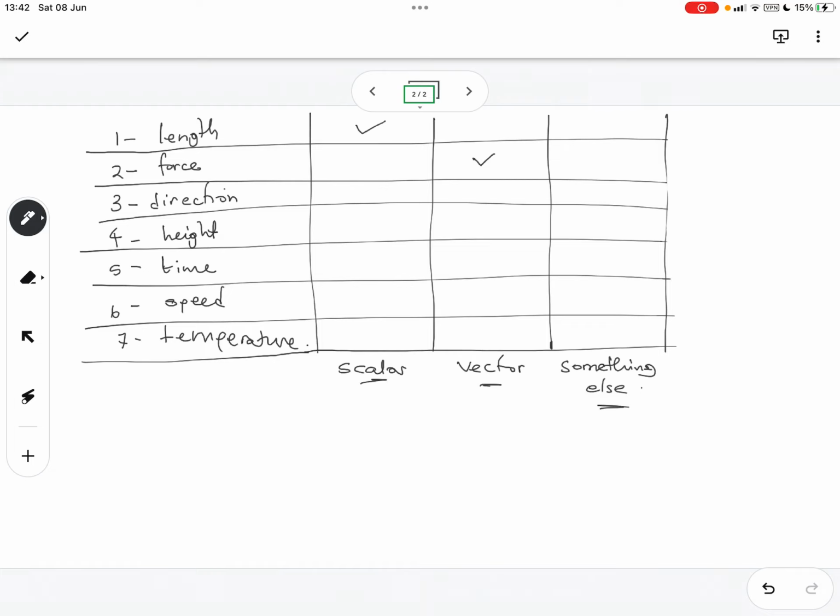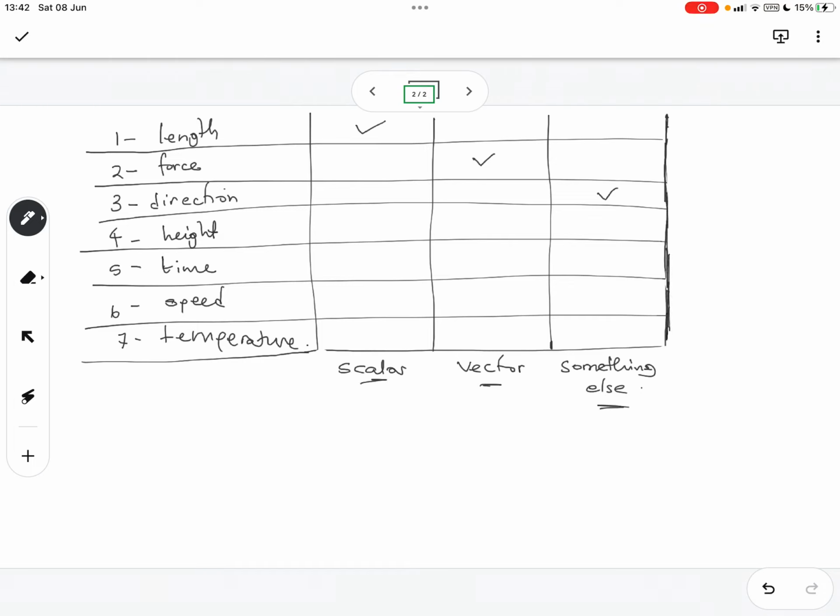And then what about direction? Is it a scalar or a vector? A vector. Direction. Just direction, something else. What about height? Something else. Height.